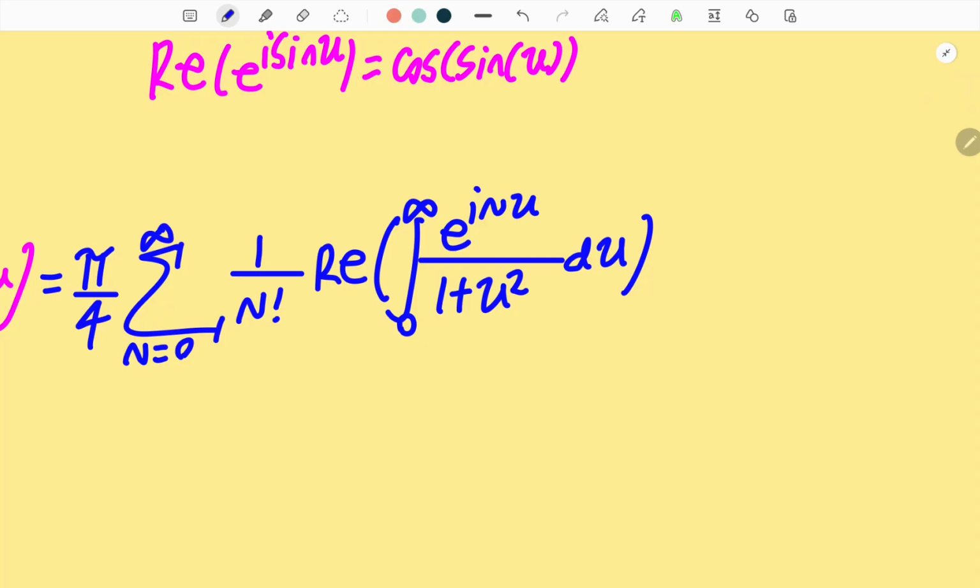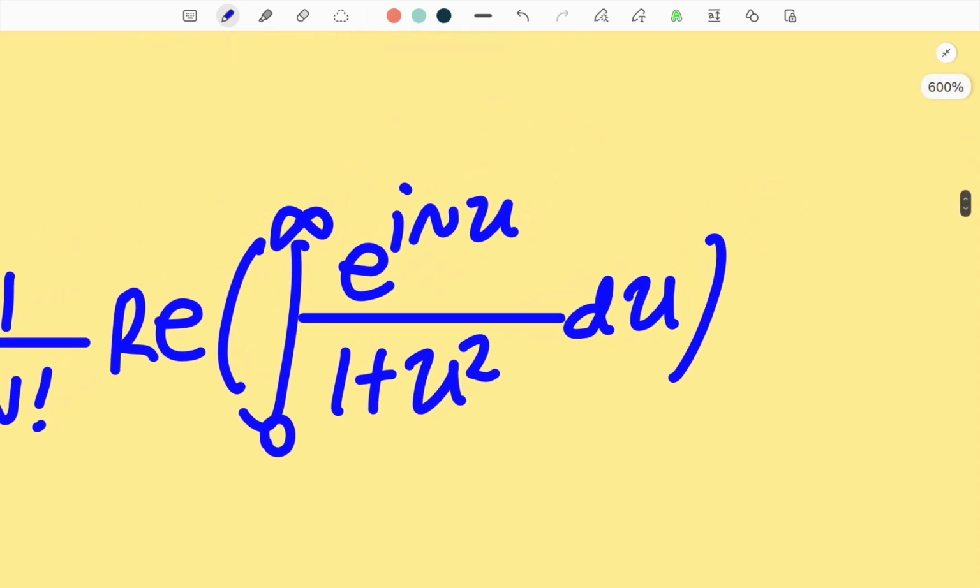Now, after applying that, we now have a new representation for I, which is right here. Okay, now, the first thing I want to do is actually take the real part of the numerator. So we're going to go ahead and bring the real part into the integral, and change the e to the i u into a cosine.